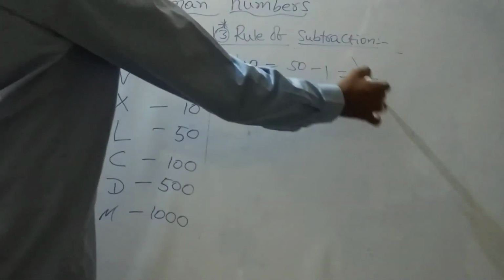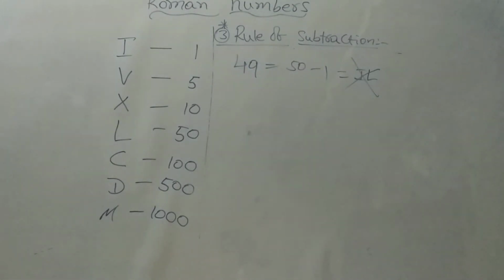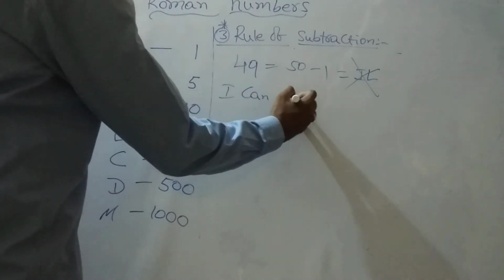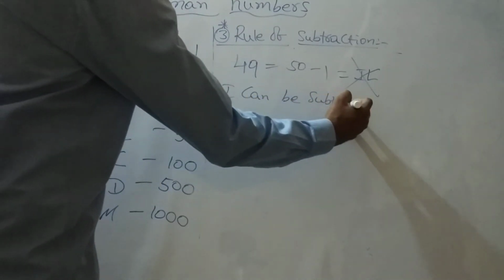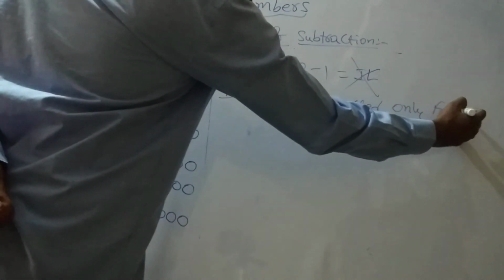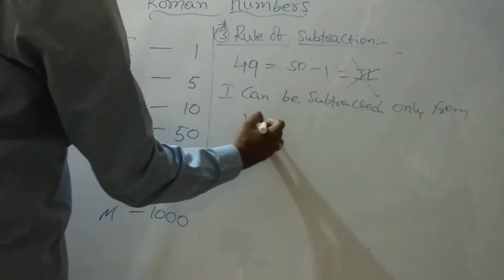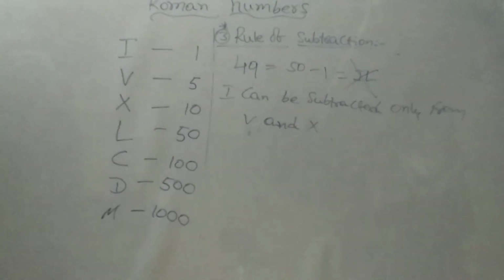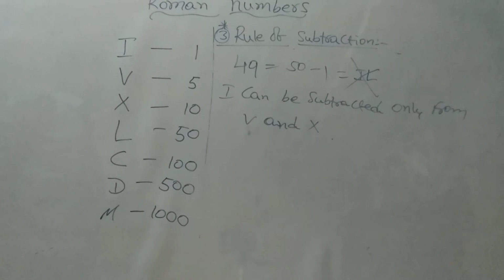This is also wrong. I can be subtracted only from V and X.